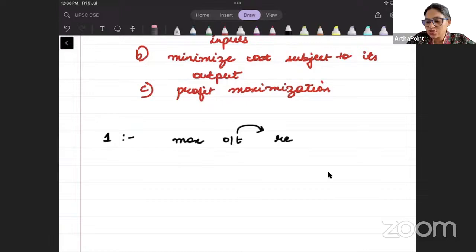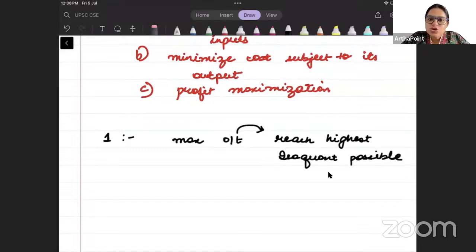It means reach the highest isoquant possible. An isoquant represents the output that a firm can produce. When I say maximize output, it means I want to reach the highest isoquant possible.